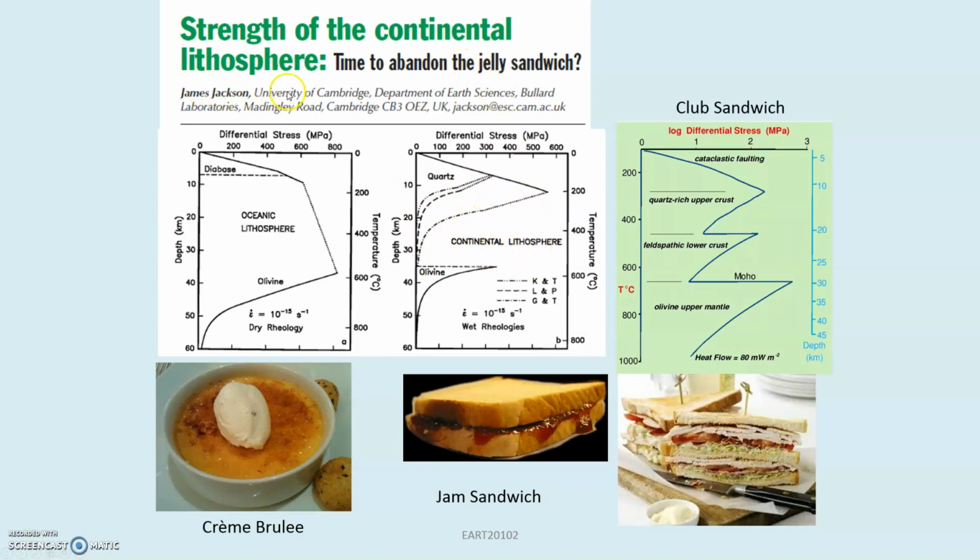James Jackson and his group believe that it doesn't, and that we shouldn't be thinking about the strength of the crust in this way. But the trouble is that when we do experiments in the laboratory, we seem to get this kind of relationship. So there seems to be a disconnect between what we measure in the laboratory and what seismologists think.